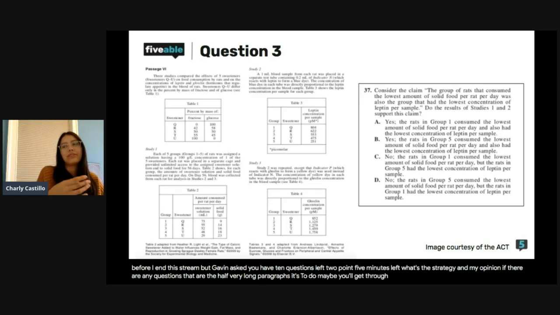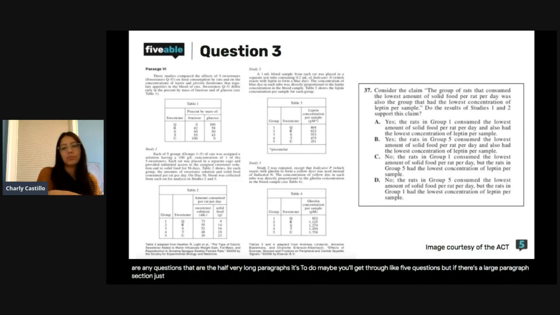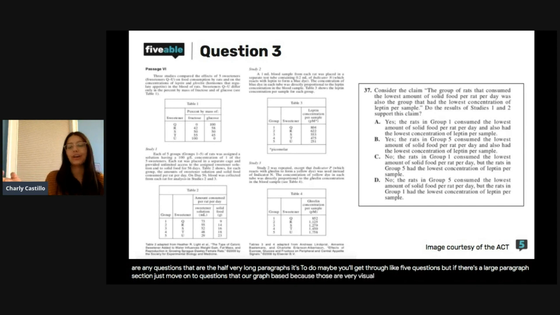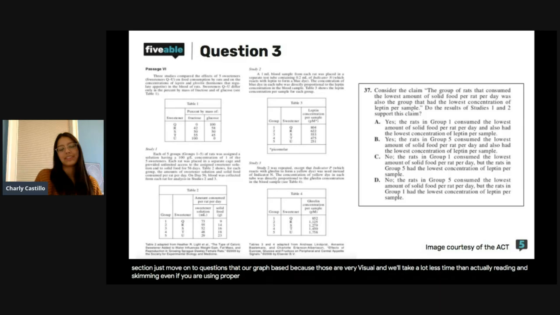Maybe you'll get through 5 questions, but if there's a large paragraph section, just move on to questions that are graph based, because those are very visual and will take a lot less time than actually reading and skimming. Even if you are using proper skimming techniques, it's really hard to do that in such a short amount of time. So if you have 10 questions and there's some graph related ones, or look at the chart or look at the table, I would say focus on those.